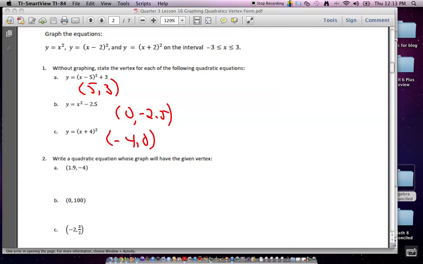Okay. All right, so the next one says, write a quadratic equation given the vertex. Go ahead.